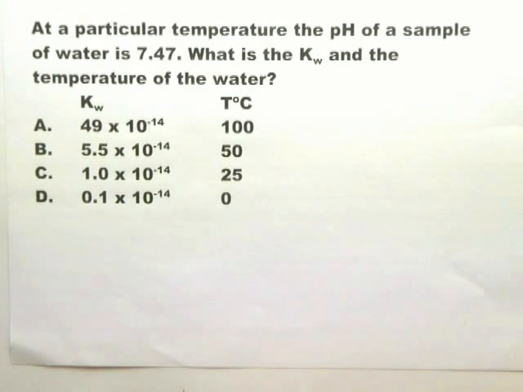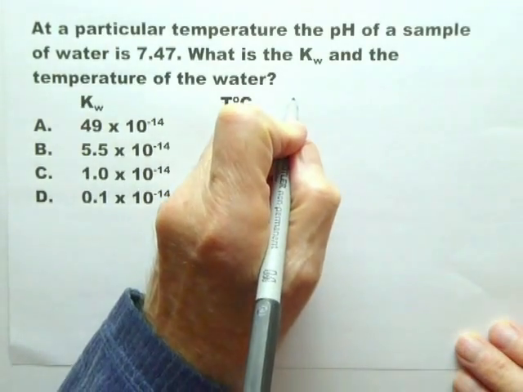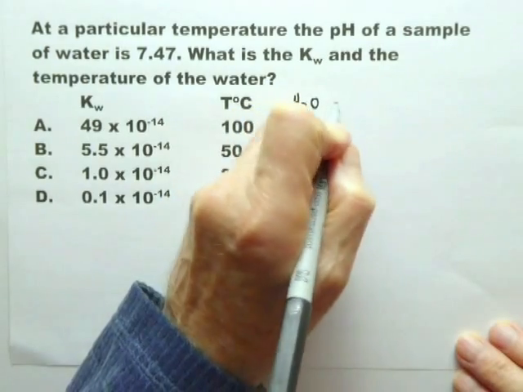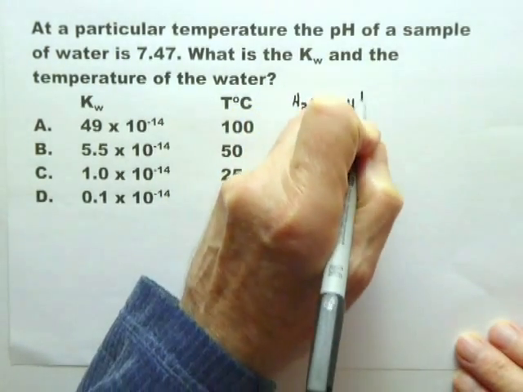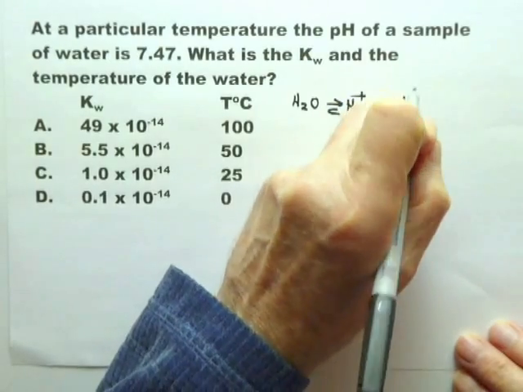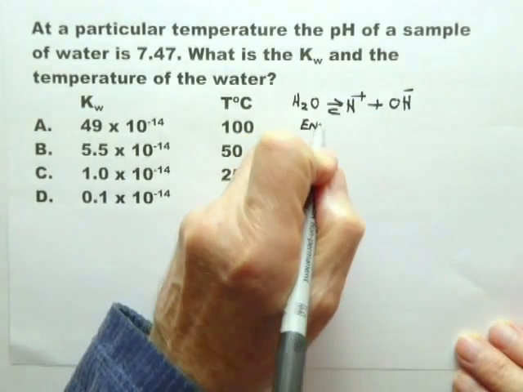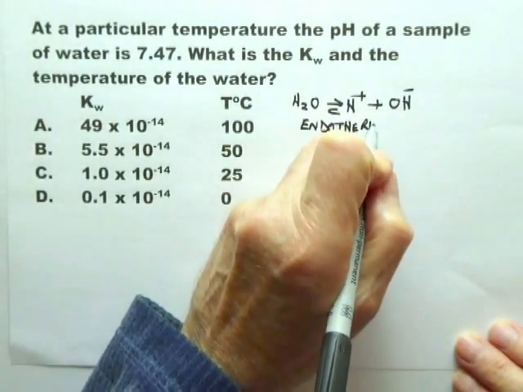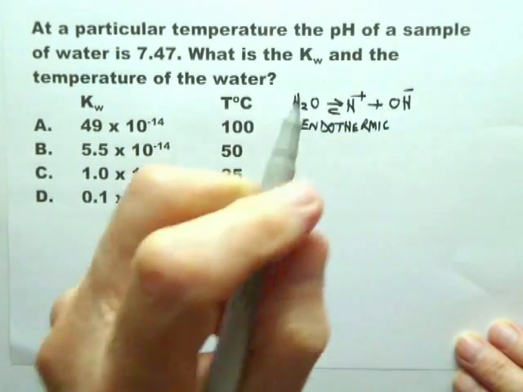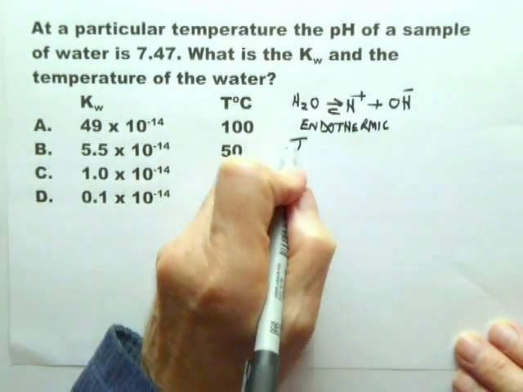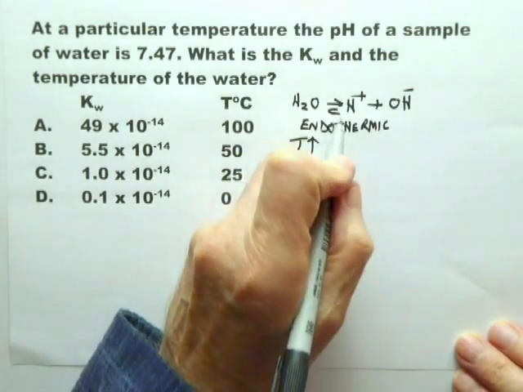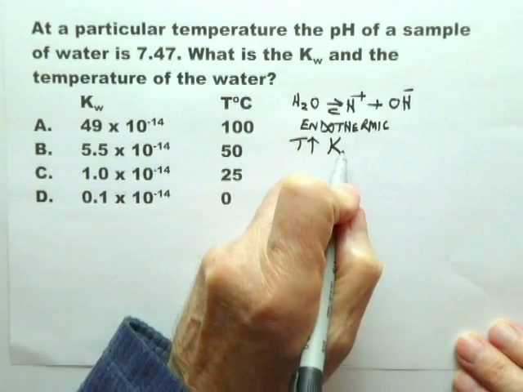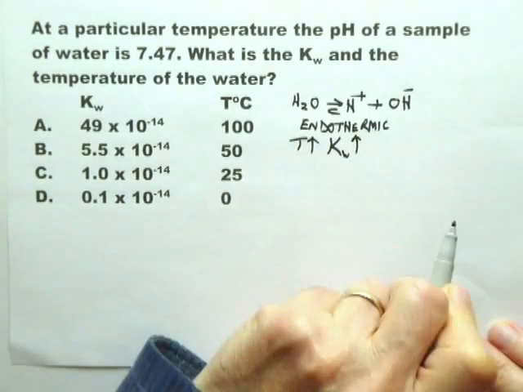Based on the previous exercises, you will realize that there are two ways of doing this. The first is to accept that this reversible equation is endothermic. And therefore, when temperature rises, the K for this, or the Kw for this, also rises.